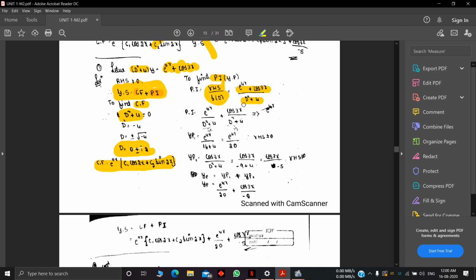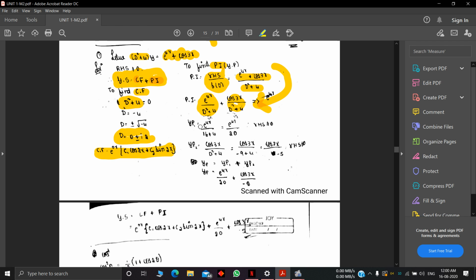We are separating this term into two parts to make it simpler and easier to solve. This part we will call yp1, and this part we will call yp2. All this is done to make the problem look much simpler, or you can just write everything in one line and go on finding the answer.